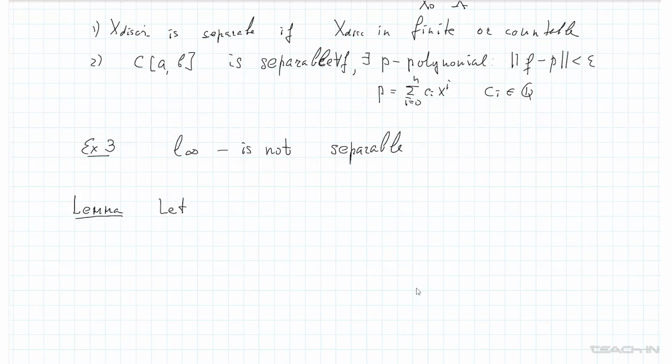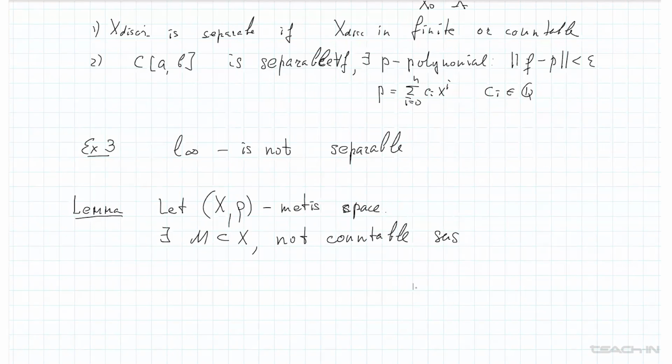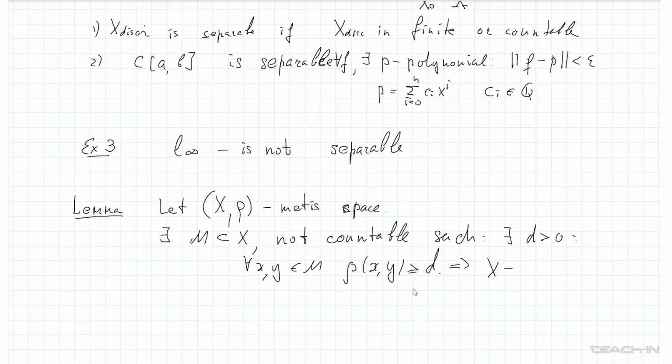Let X be a metric space, and suppose there exists an uncountable set M in X such that there exists a positive number D such that for any x, y from M, the distance between these elements is not less than D. Then I claim that the space X is not separable.